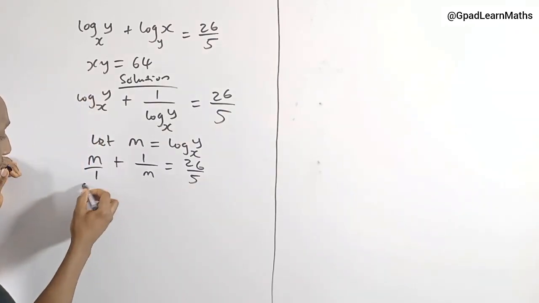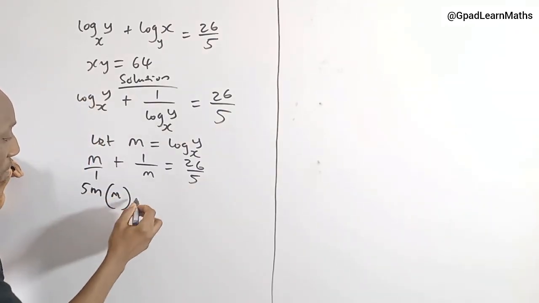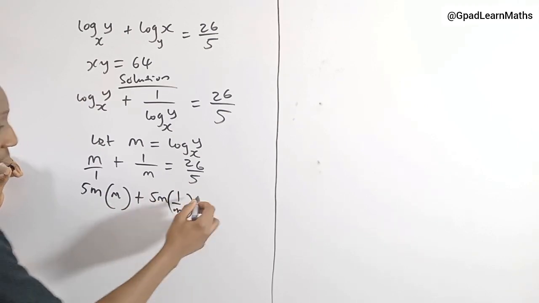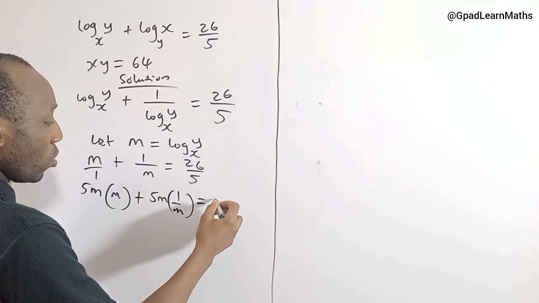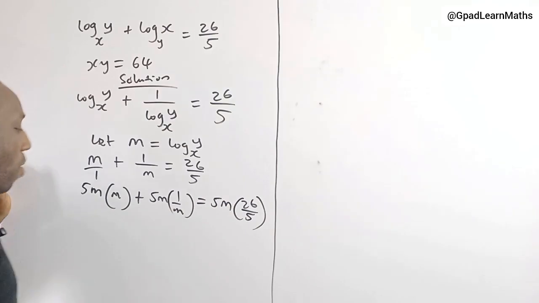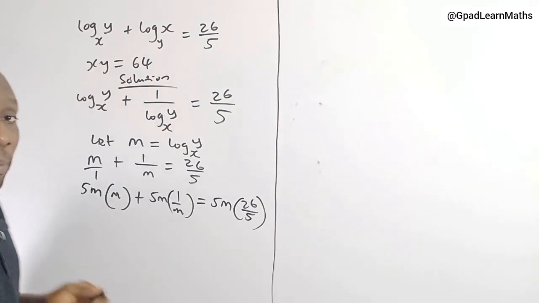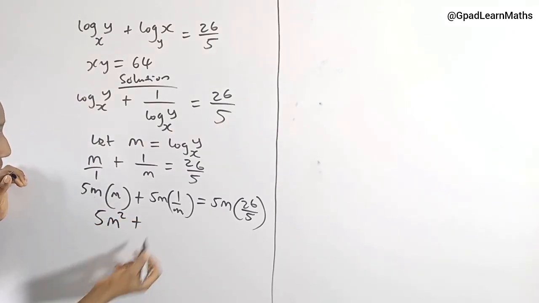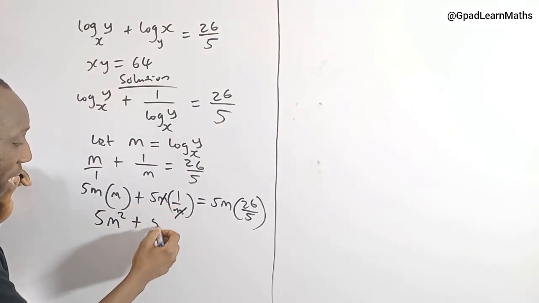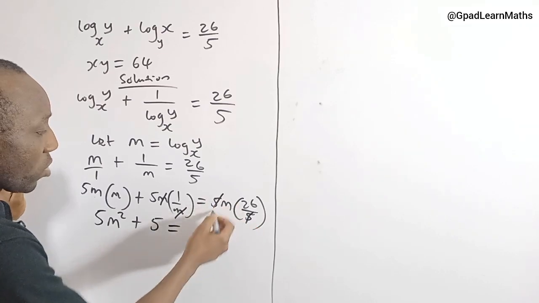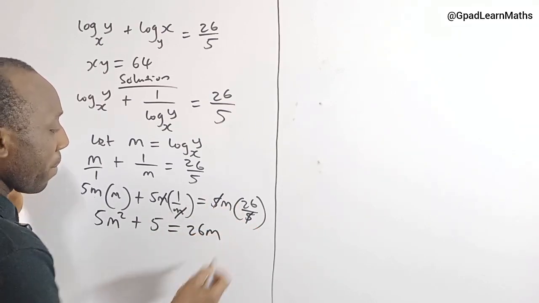So I'm going to have 5m multiplying m, plus 5m multiplying 1 over m, equal to 5m multiplying 26 over 5. 5m times m is 5m squared, plus m cancels m, you have 5 here, and this is equal to 5 cancels 5, you have 26m.